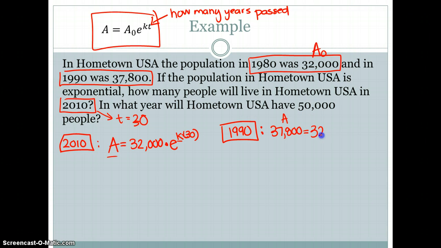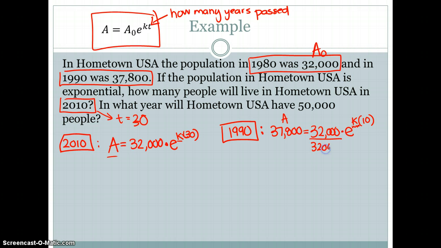So it'll equal our initial amount, A sub 0, times e to the, okay, we still don't know what k is, and if it's 1990, then t must be represented by 10, because 10 years have passed by. So what you notice now is we have only one variable, and that's the variable we need in order to complete our question from 2010. So what we need to do is solve for k.